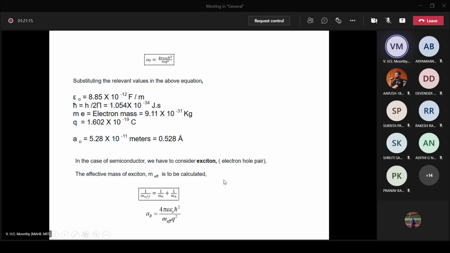Since we are considering an electron hole, two particle system, we have to take 1 by m effective equal to 1 by me plus 1 by mh. So aB equals 4 pi epsilon 0 epsilon h cross square by m effective q square. What is aB now? It is the distance between the electron and hole that is formed because of the absorption of light in the semiconductor.